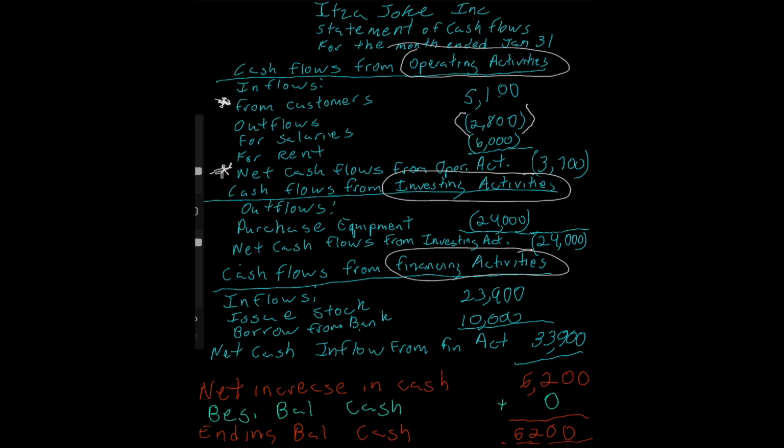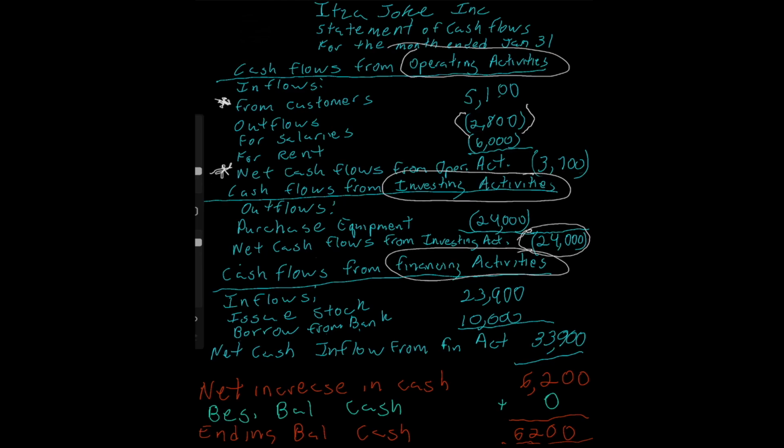Next, let's move on to our cash flows from investing. The same thing, we're just summarizing. And so for our investing activities, we have a cash outflow of $24,000. Again, we know it's a cash outflow because it's negative. So we spent some money on purchasing equipment. Then we move to our financing activities, okay? And so our financing activities fortunately only had cash coming into the business.